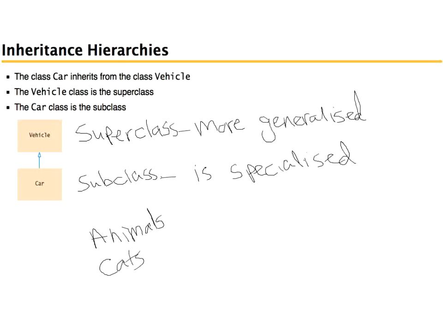I'm going to open the chat for you. You tell me which one will be the superclass and which one is the subclass. Animal is the superclass, yep, and obviously the cat is the subclass, because again, animals is a bigger picture than a cat. Cat is specialized, while animal is the bigger picture. So animal is a superclass, while cat is a subclass.